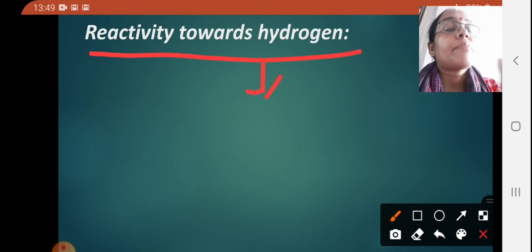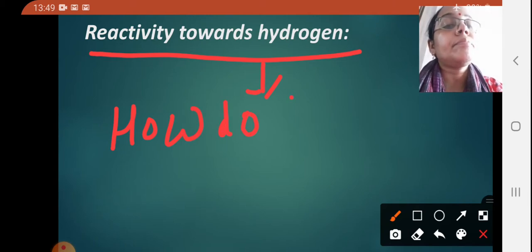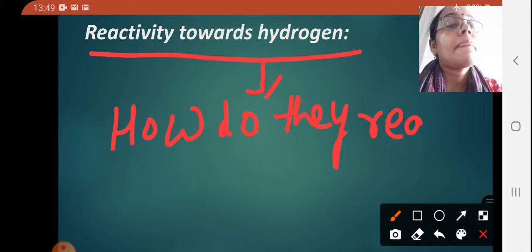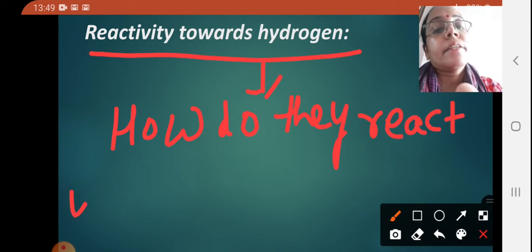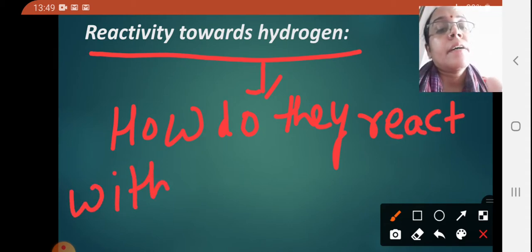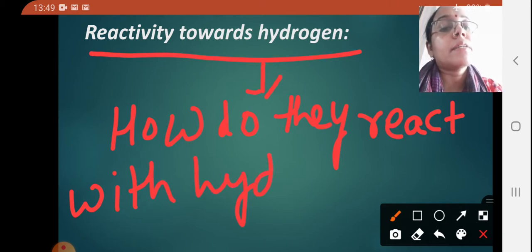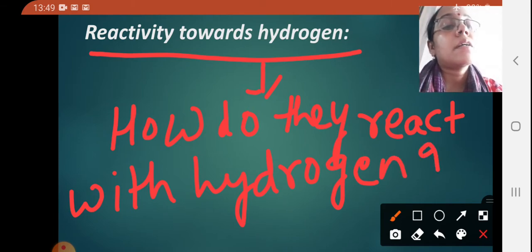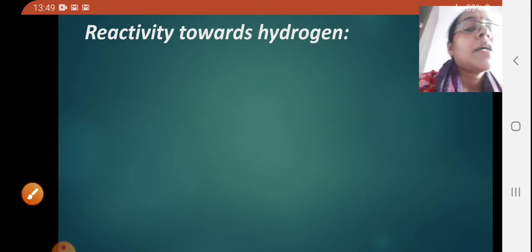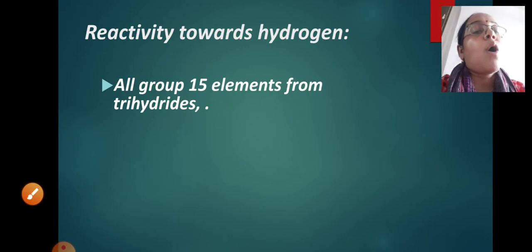It means how do they react with hydrogen. Here we will see all group 15 elements form trihydrides. What do they form? They form trihydrides.